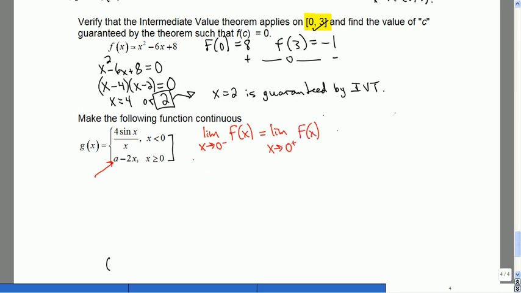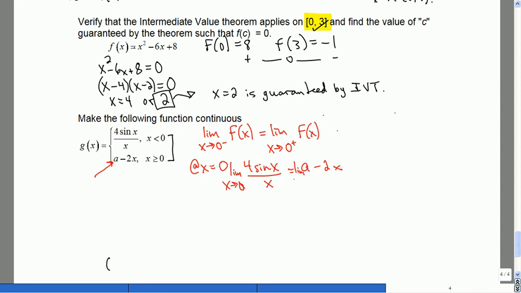So in other words, what I'm saying is at x equals 0, I want 4 sine x over x to be equal to a minus 2x. So in other words, I'm looking at where the limits are the same.